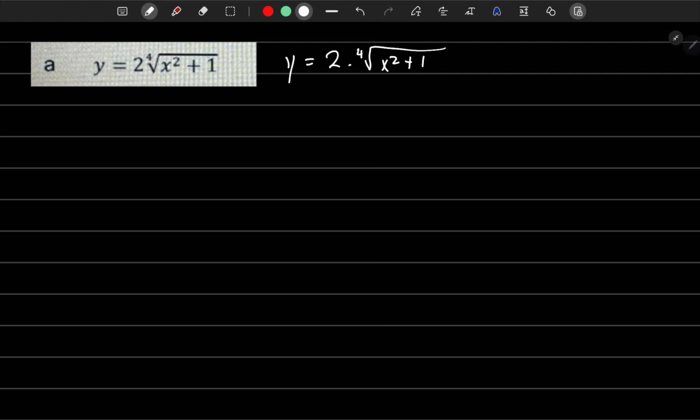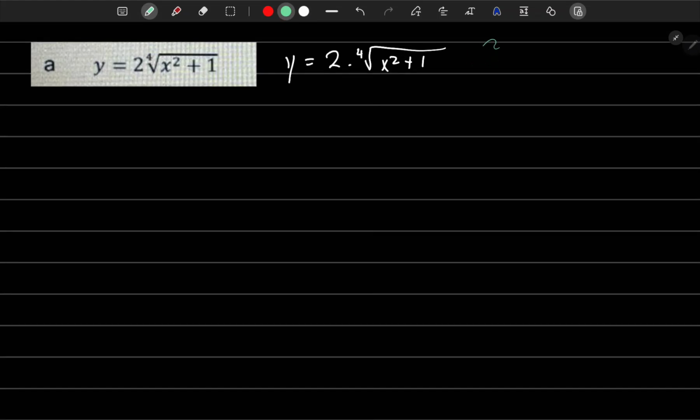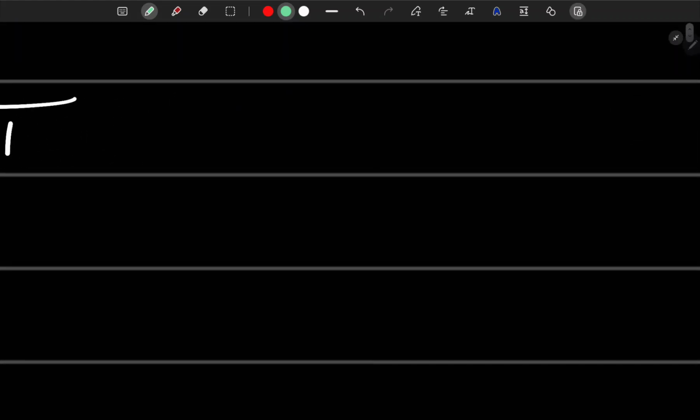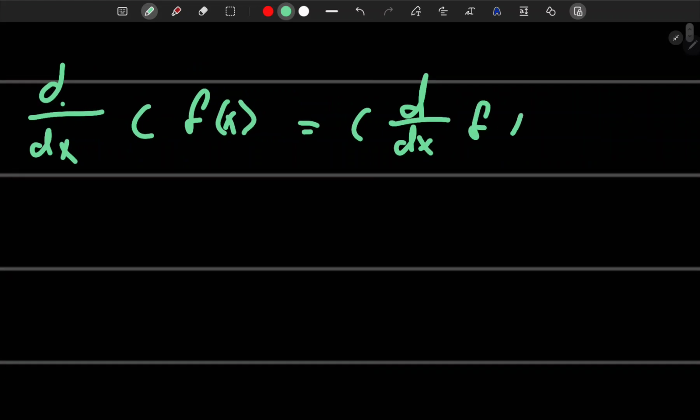Now there's a rule for derivatives that says when you're trying to find the d/dx of some constant multiplied by some function f of x, you're allowed to get the constant out of the way and find the derivative of that function f of x on its own.